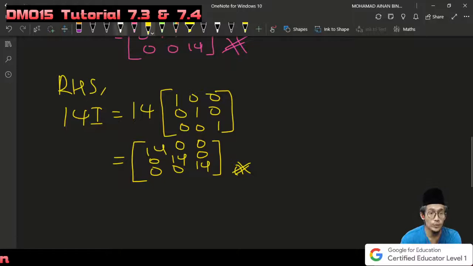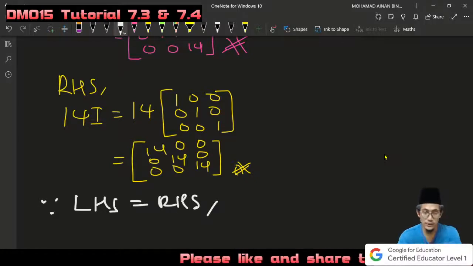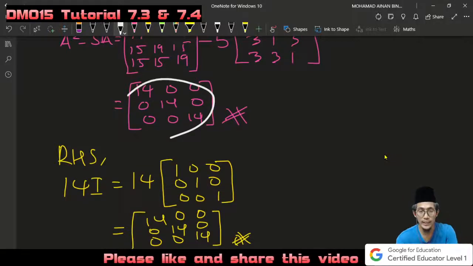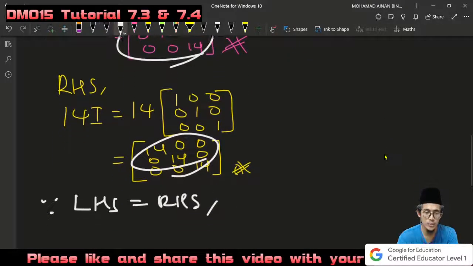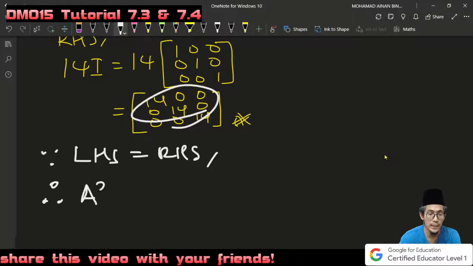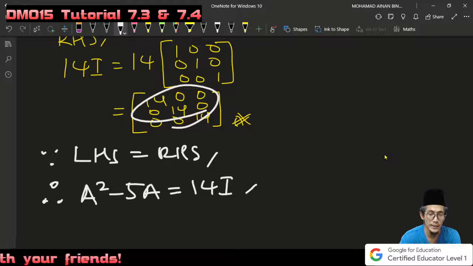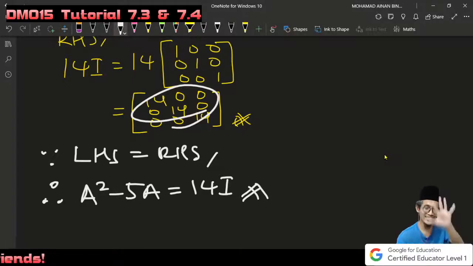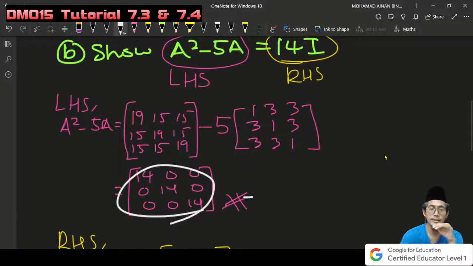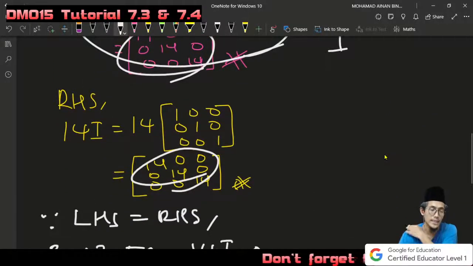Now, what to do? Okay, the next step is for us to verify. Since left hand side equals right hand side, because kita dah verify lah, they are the same thing, right? This one sama dengan this one. Okay. Therefore, tulis balik. A square minus 5A equals 14 identity. So there are 3 steps. This is the first step. Okay. Finding left hand side or right hand side. Okay.